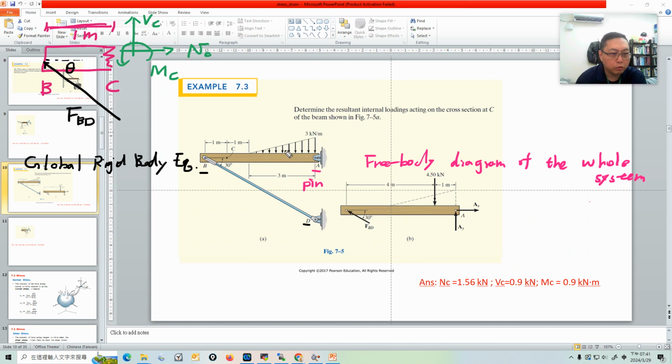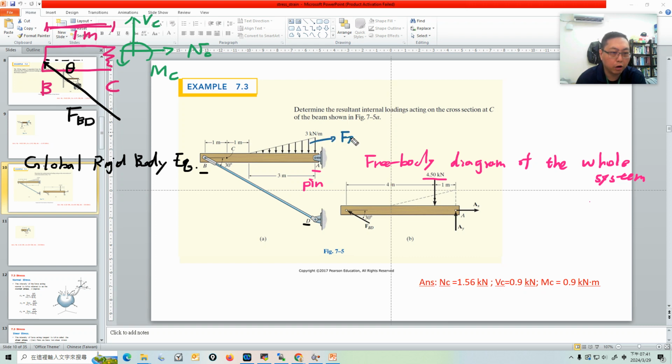And here he also does the simplification of the distributed loading. There's a distributed loading here, and the resultant force is 4.5 kilonewtons. I'll make a note here. Why is it 4.5 kilonewtons? Because the resultant force is the area under this distributed load.